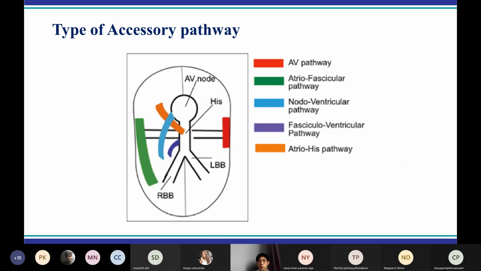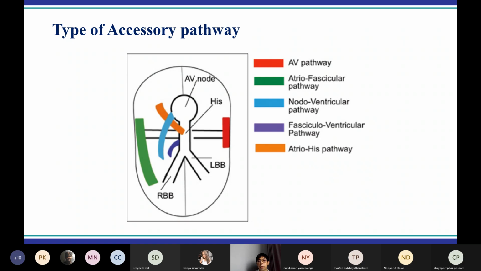There is the AV pathway. Usually we encounter this type of pathway almost all the time. The AV pathway is what Dr. Wolff, Parkinson and White described in their series of patients.